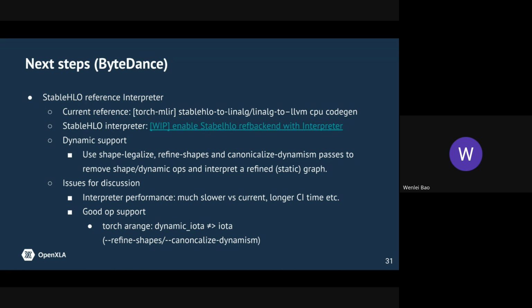From the suggestion during the dev lab, we got the suggestion to use different passes to transform the dynamic graph to a refined or static graph. We have been trying those efforts, and it could work for some of the cases, but of course there are some issues that we will work on together with the community to improve.